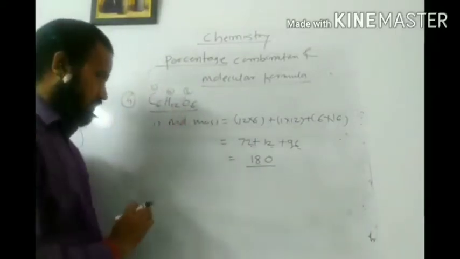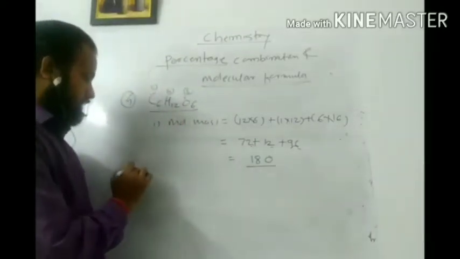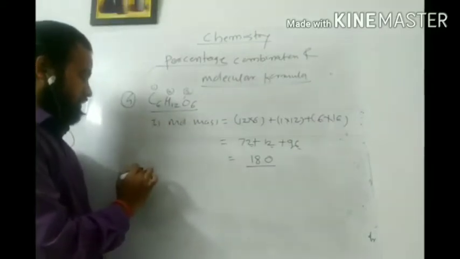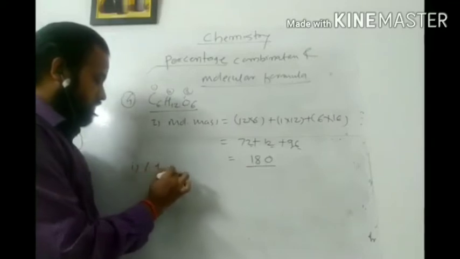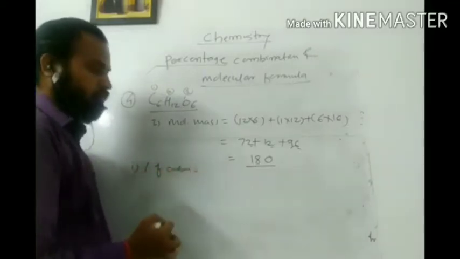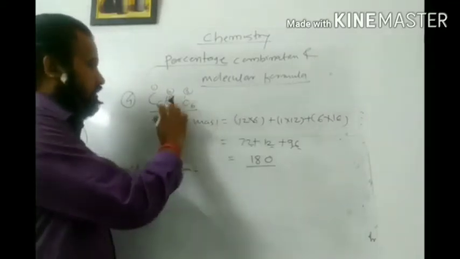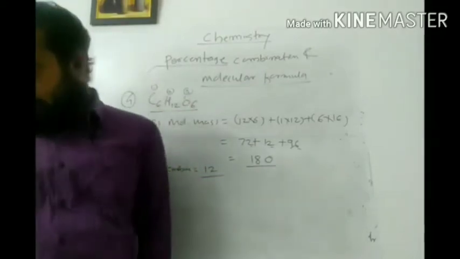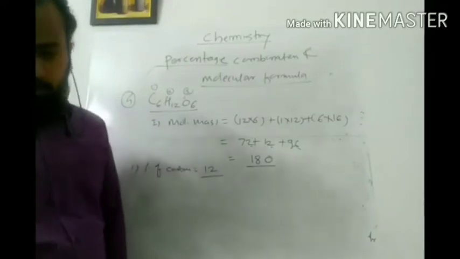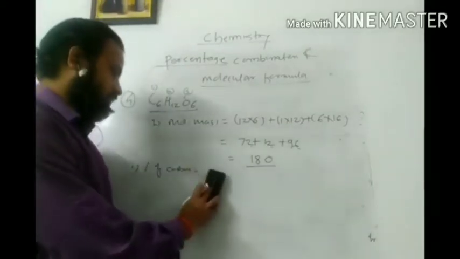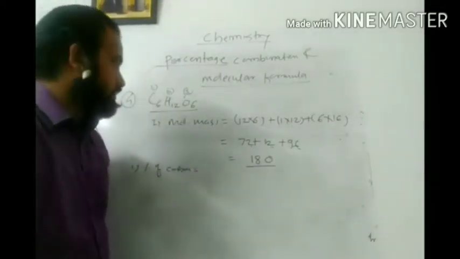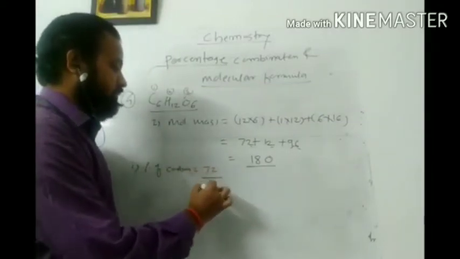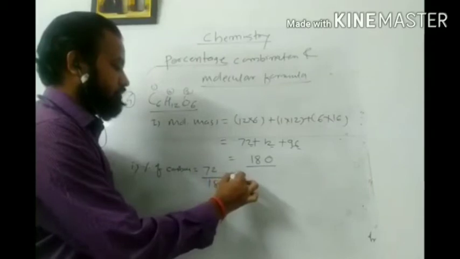So let's start. This is the first step: percentage of carbon is equal to, see, for a single atom the mass is 12, so 6 atoms are there, so it is 72 divided by 180 into 100.